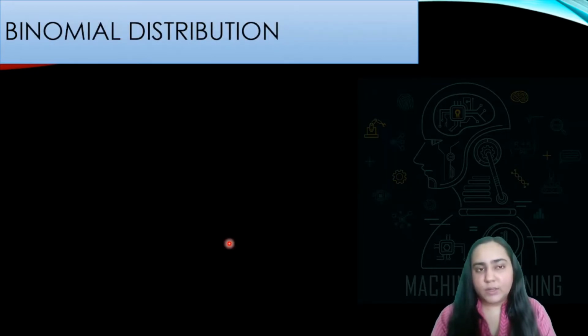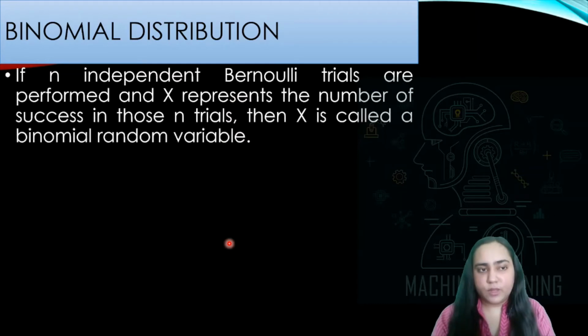Now let's take a look at the binomial distribution. If you have n independent Bernoulli trials and X represents the number of successes in those n trials, then X is called a binomial random variable. So the binomial distribution is very closely related to Bernoulli trials.